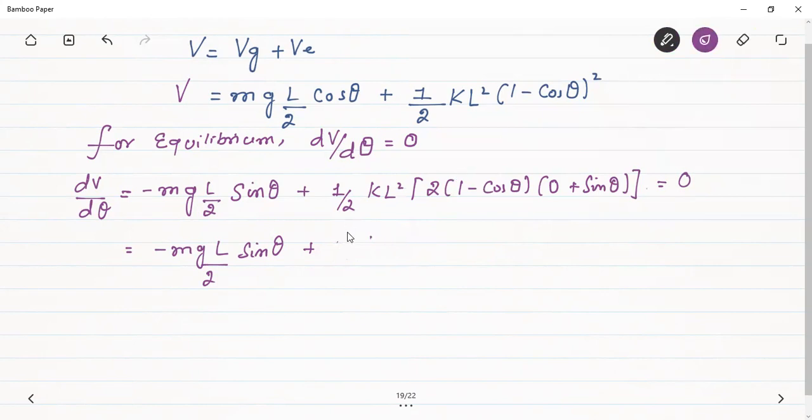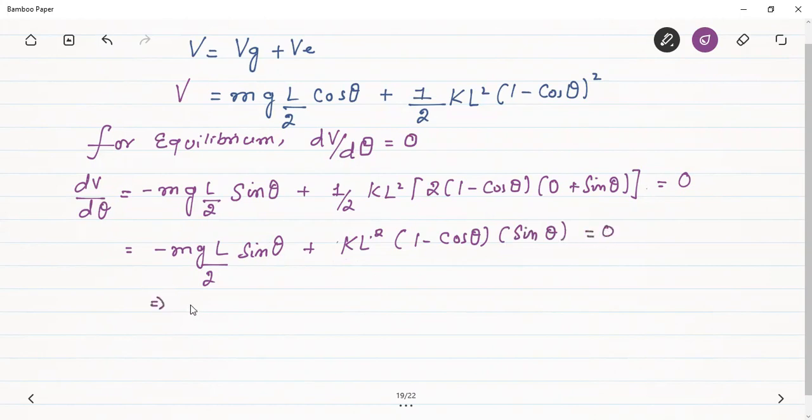It will be equal to kL square times (1 minus cos theta) multiplied by sine theta. So this term should be 0.